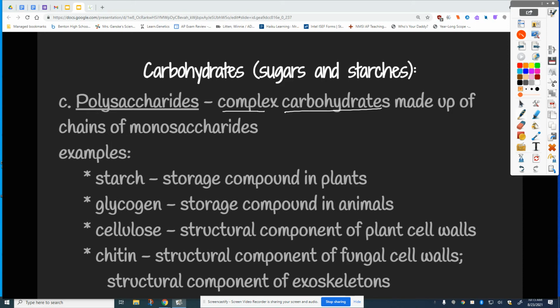So how would I draw this one? A bunch of hexagons together. I'm going to take a bunch of those monosaccharides and connect them. And how I connect them determines which type of polysaccharide. And you don't have to memorize that right now.